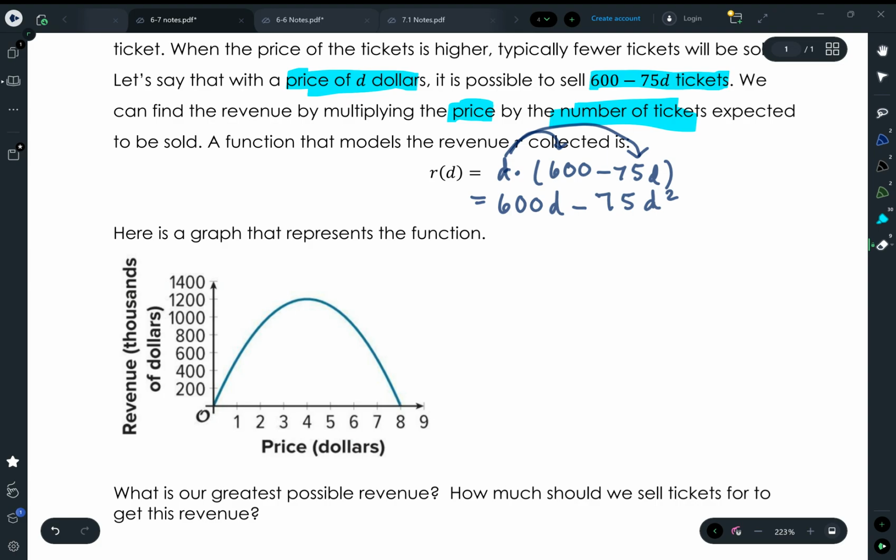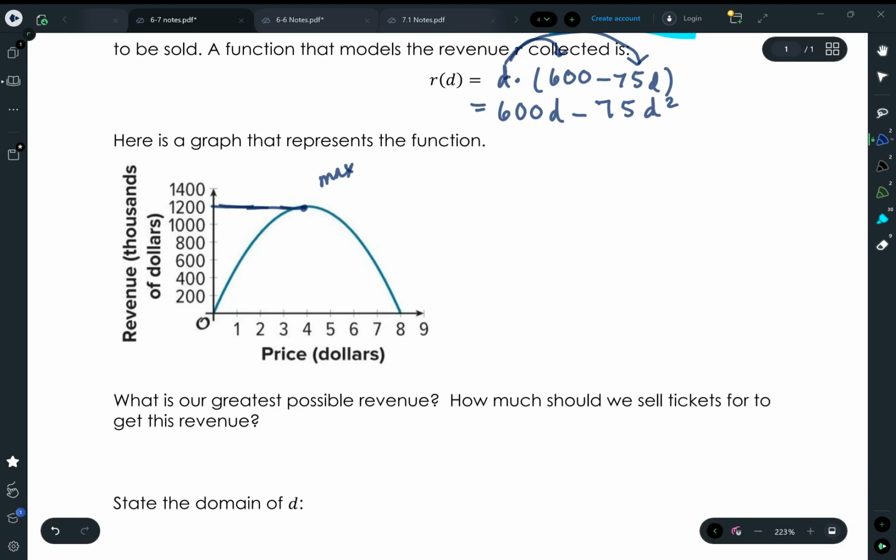I just keep erasing. So what is our greatest possible revenue? Well, that would be our maximum, right? Our maximum is right here at the top. And if I trace this over to my y-axis, it looks like my maximum revenue, the most amount of money that I could make off selling these tickets, is going to be $1,200.